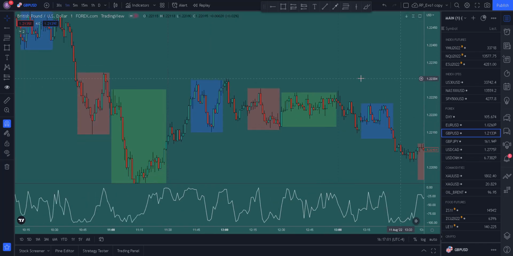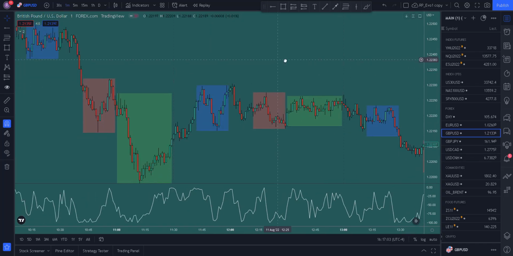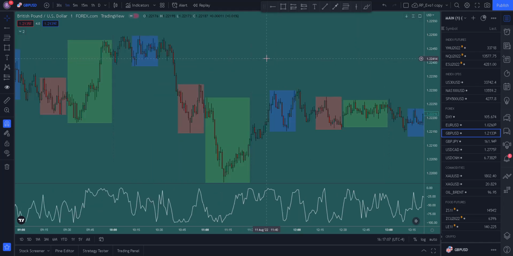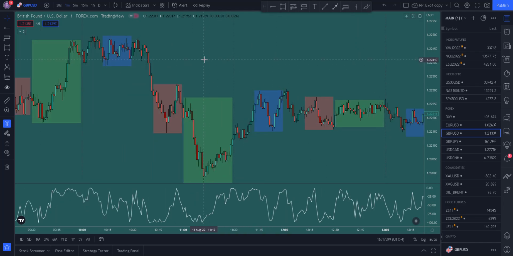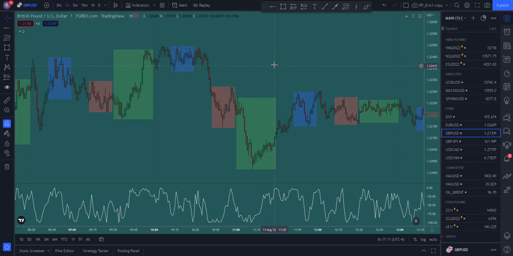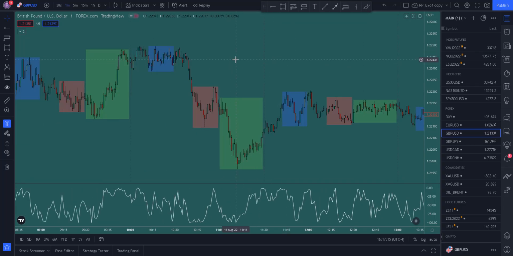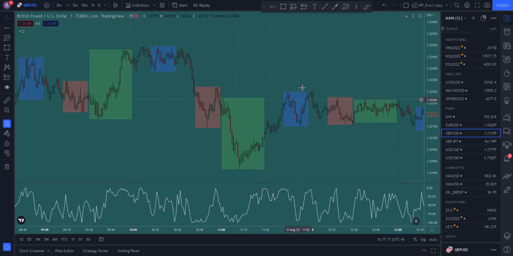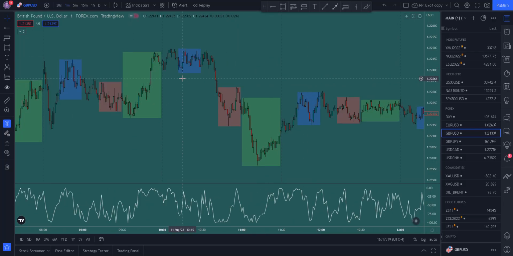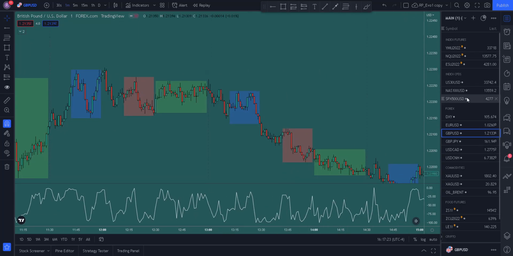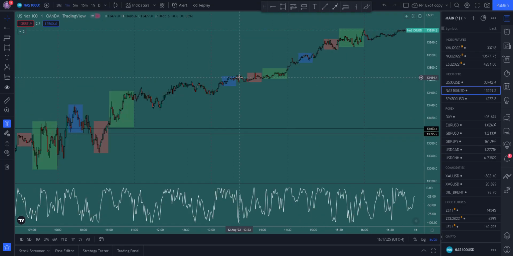I've been using this Williams RSI a lot recently, and it's been doing a really good job. I use it for other types of setups too, outside the Inception model. I can use it together with just order blocks in a continuation move where there are little retracements. It's been phenomenal. Okay, so let's look at indices.